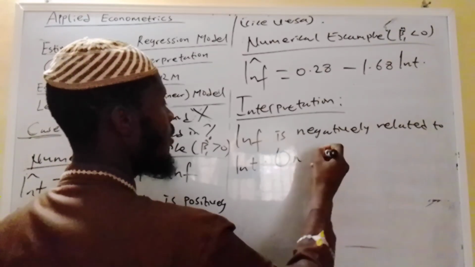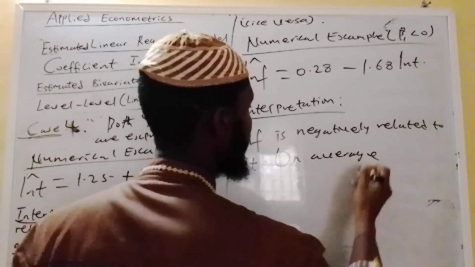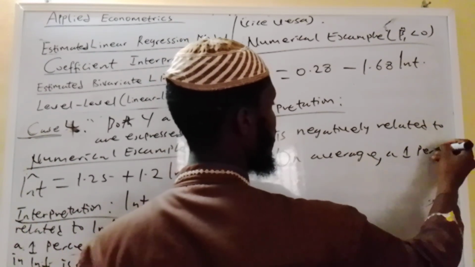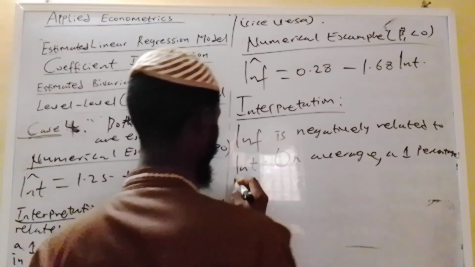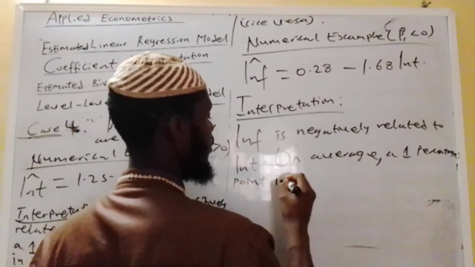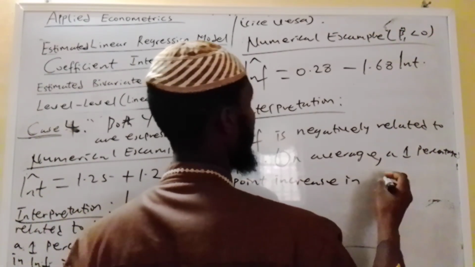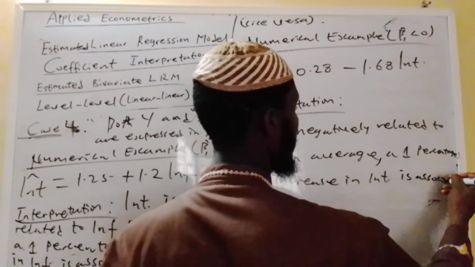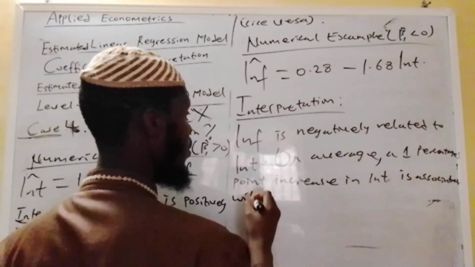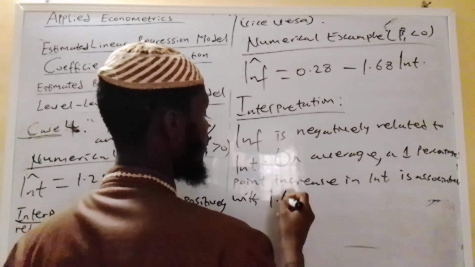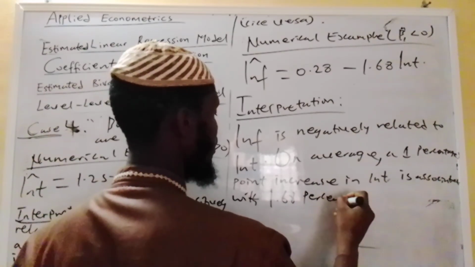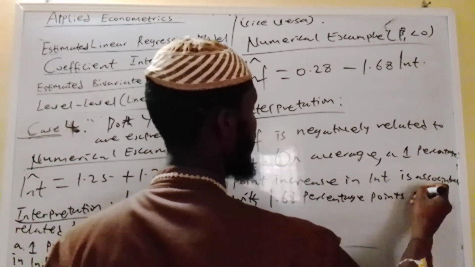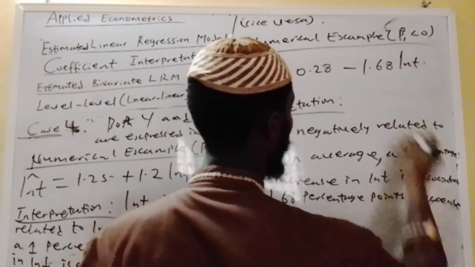On average, a 1 percentage point increase in interest rate is associated with a 1.68 percentage point decrease in inflation, because of the sign.